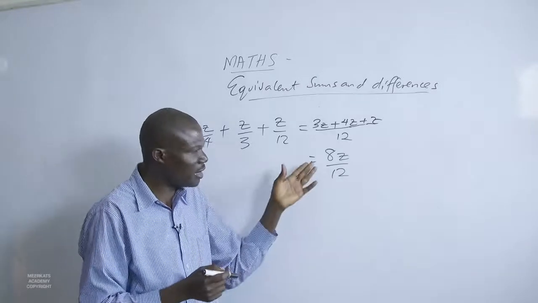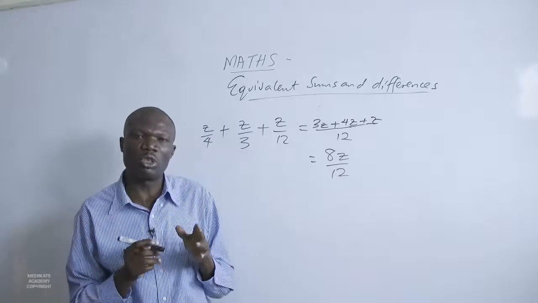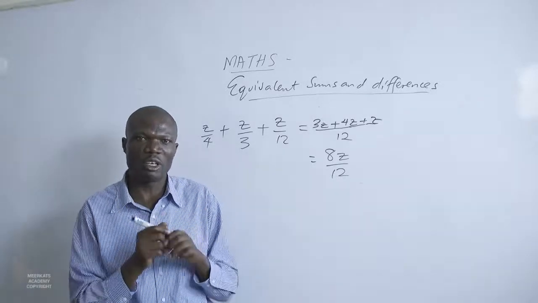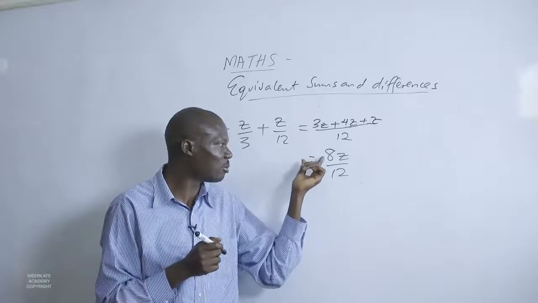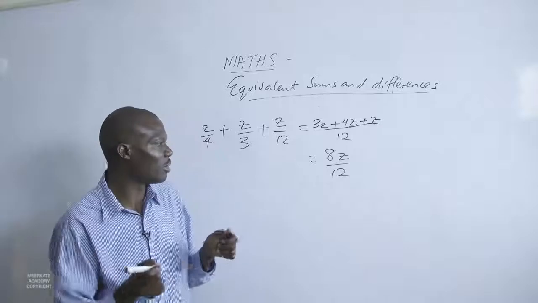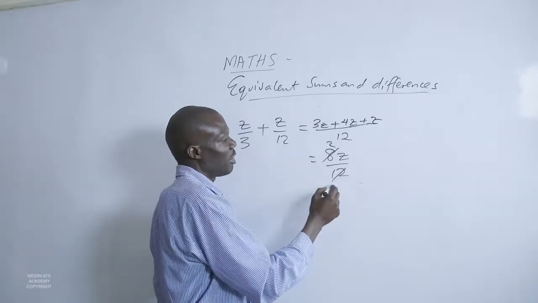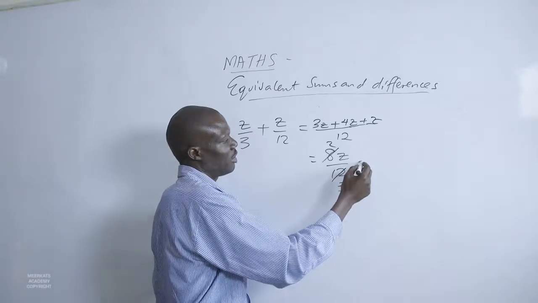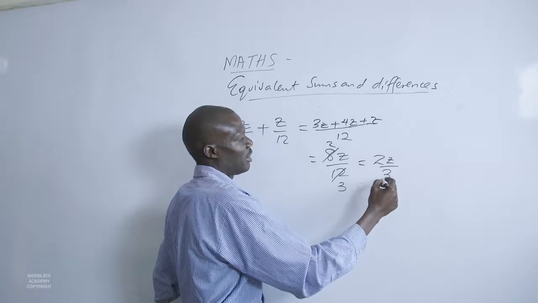Now here, this is not our simplest algebraic fraction, but we are allowed to simplify it further by looking at the common factors that can simplify 8 and 12. You realize 4 by 2 is 8, and 4 by 3 is 12. So the answer becomes 2z over 3.